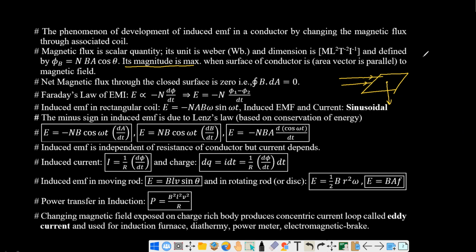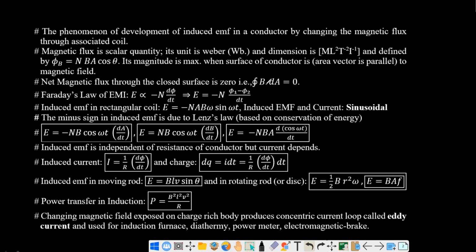But if you bring this conductor vertically up, then through this one maximum lines of force will pass through. That's why the magnetic flux will be calculated in terms of the angle between the area vector and the magnetic field.